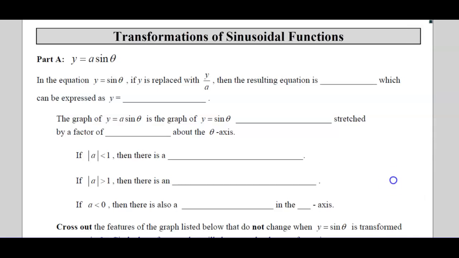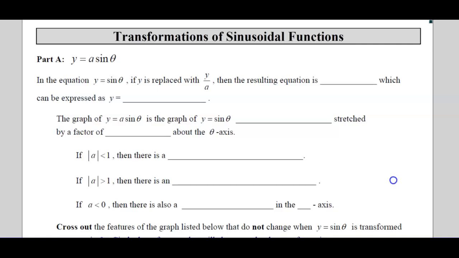So we're going to start with stretches. So y equals a sine theta. So the a is just like an a value in any graph, right? That's your vertical stretch. If it's negative, also there's a reflection.